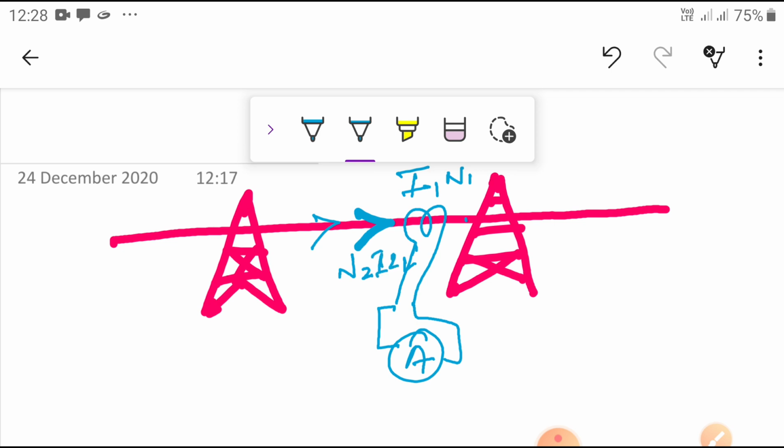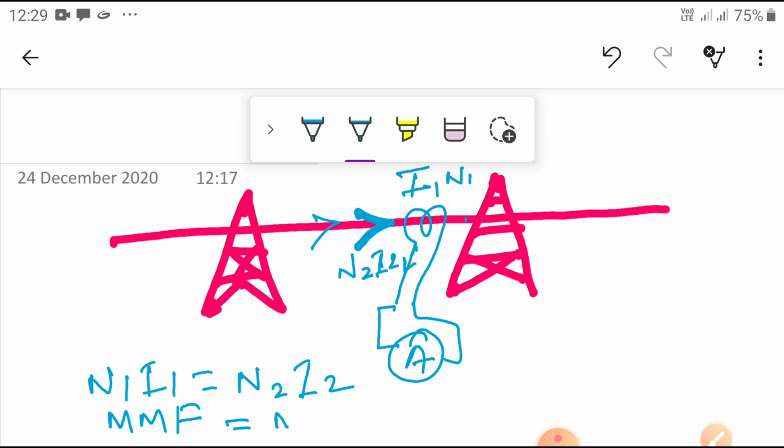The primary MMF, N1 I1, is equal to N2 I2 of the CT. That is, the magnetomotive force of the primary is equal to the MMF of the secondary.